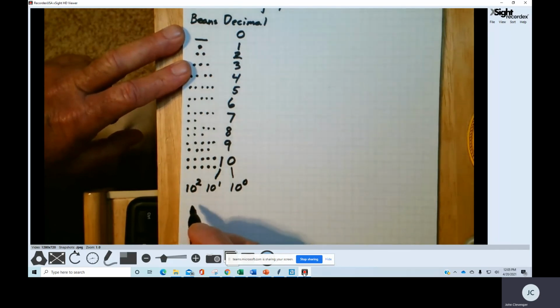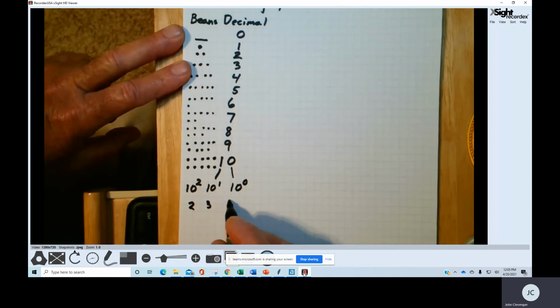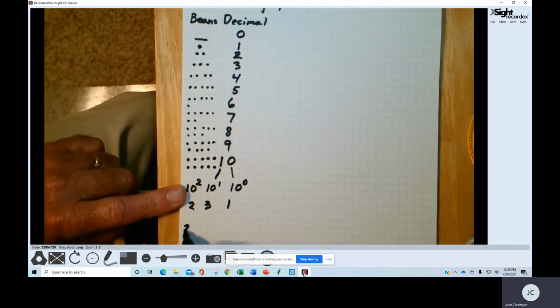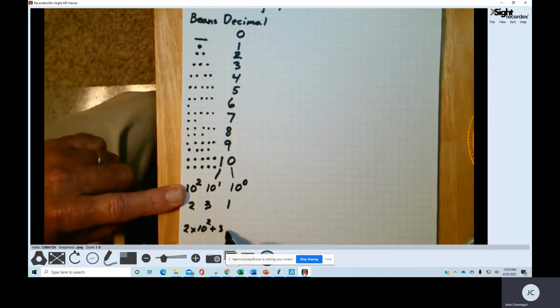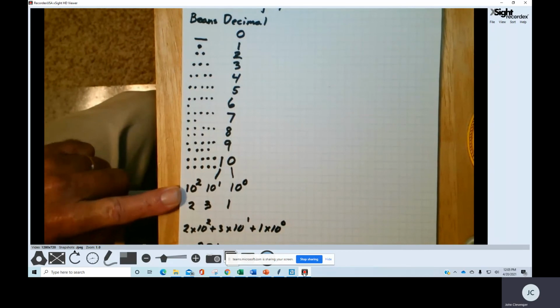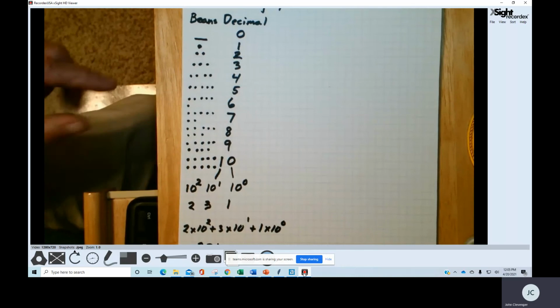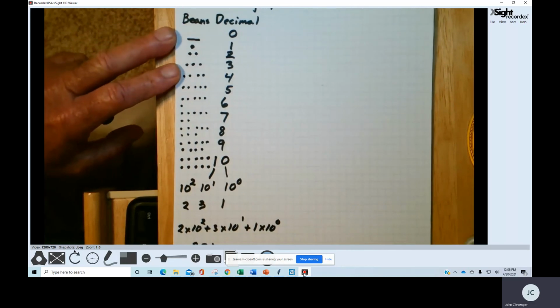So for example, if I had 2, 3, 1 recorded, this would equal 2 times 10 to the second plus 3 times 10 to the first plus 1 times 10 to the 0, which would of course equal 231.